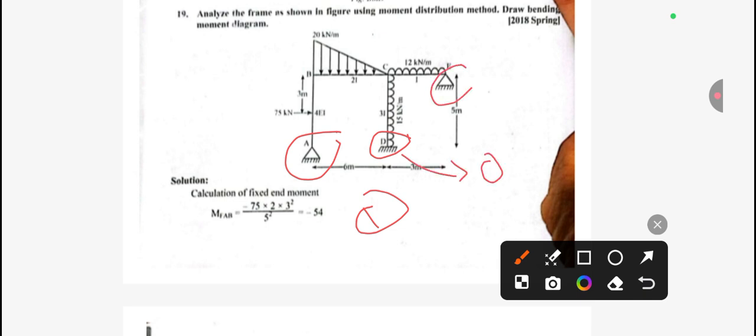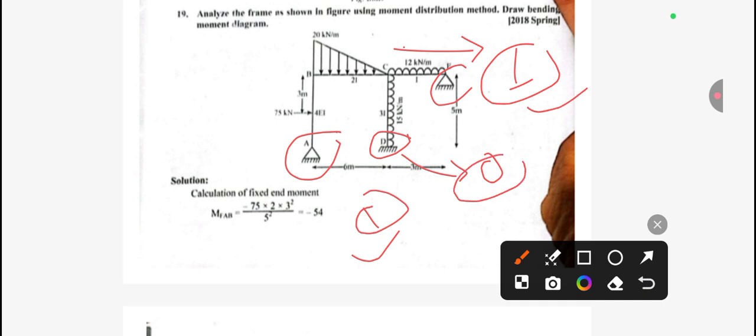This is also a hinge, so we should take the value of distribution factor as 1. So we have to take hinge 1, 1 and for the fixed 0. In only one case, whenever we are inside this frame, like we are at B and we are looking at the extreme point, and the end point is hinge, in this case only.